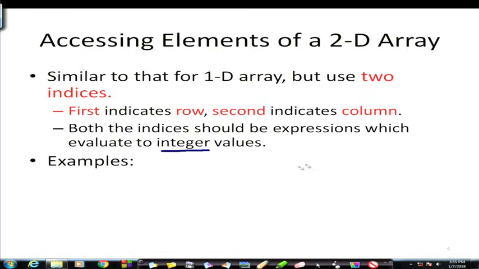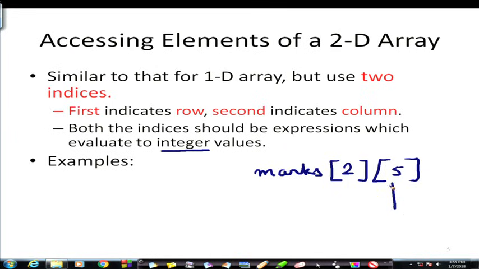So, if I have something like marks 2, 5, these values must be integers. I can write expressions, we will show that later, but those expressions must evaluate to integer values.